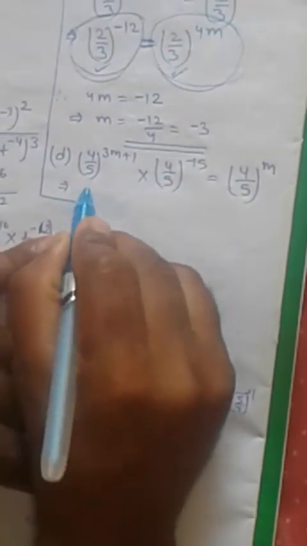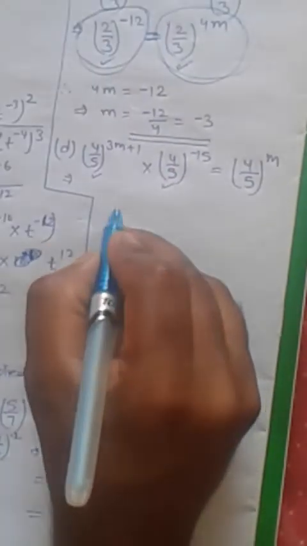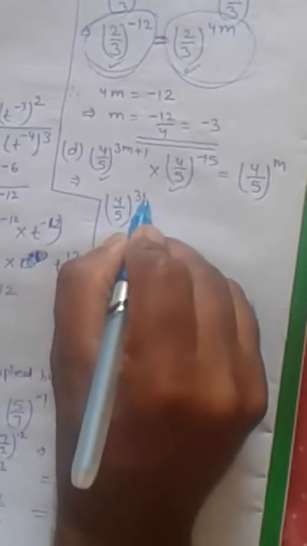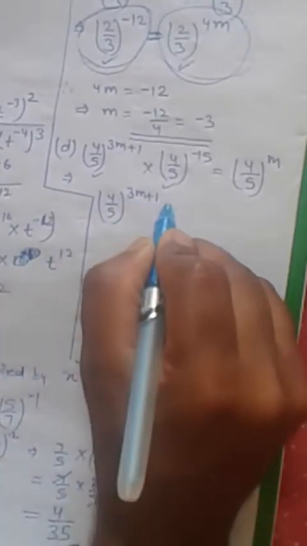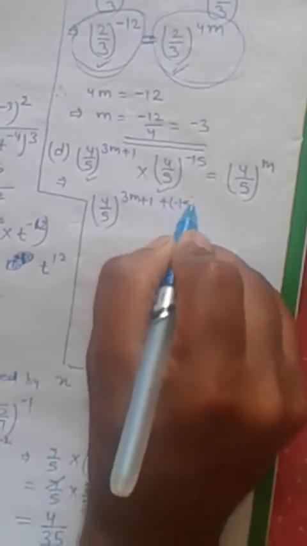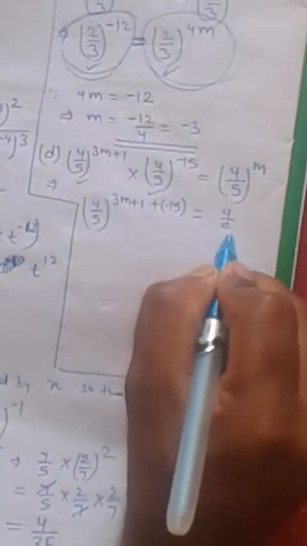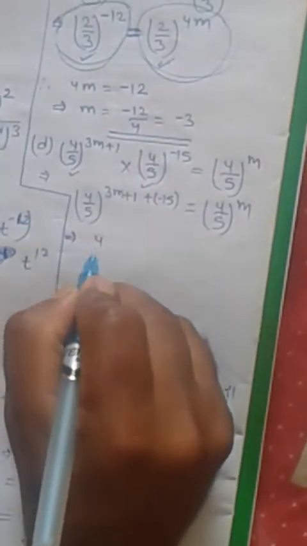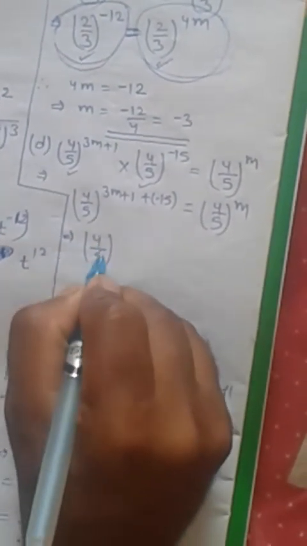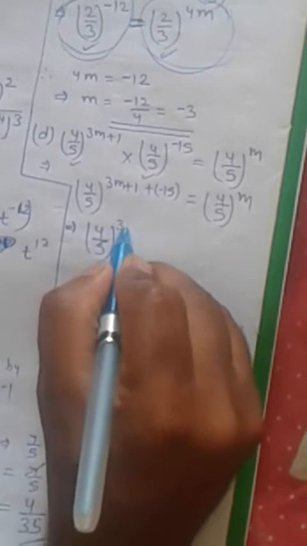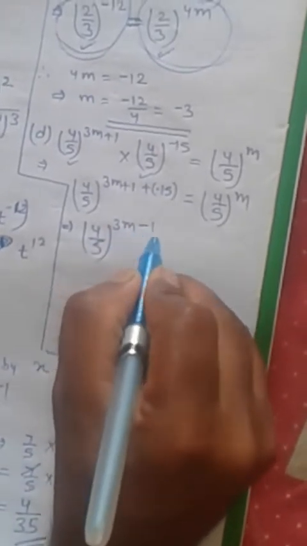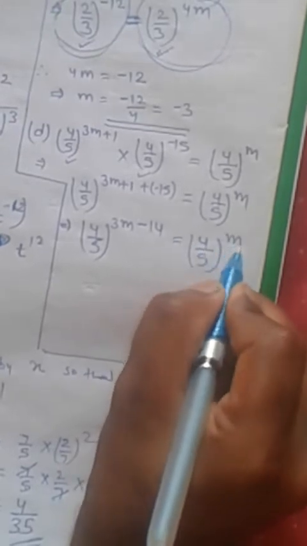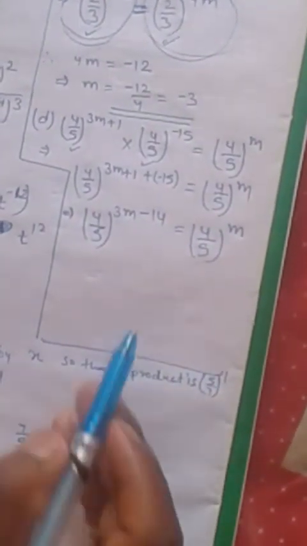You know that the bases are the same, so when we solve the LHS, it will be (4/5) to the power 3m+1 plus -15, equals (4/5)^m. It will be (4/5)^(3m-14) = (4/5)^m. Again the same concept.